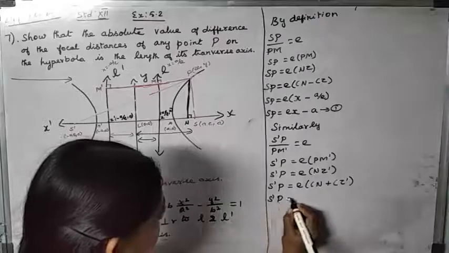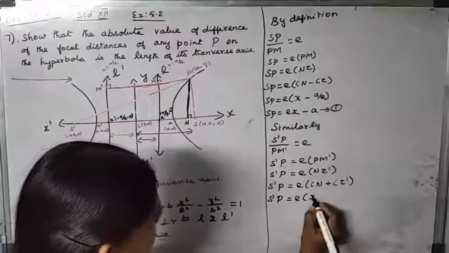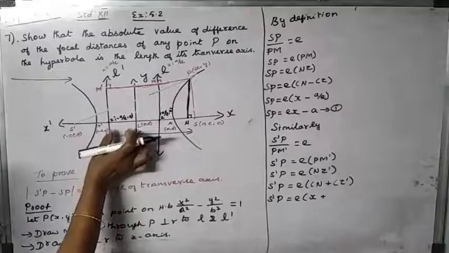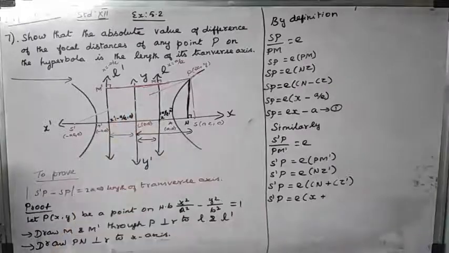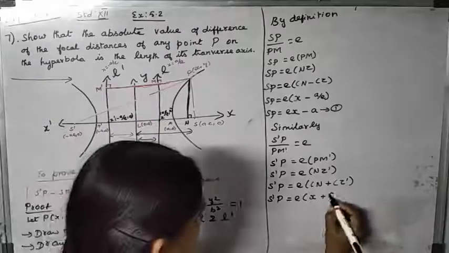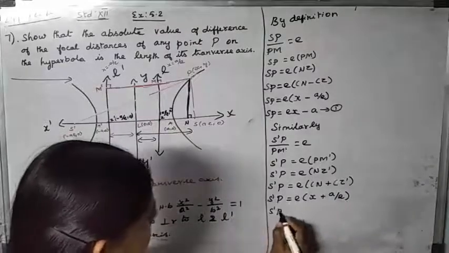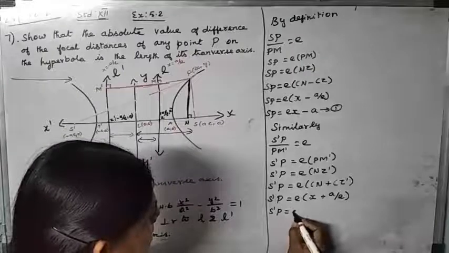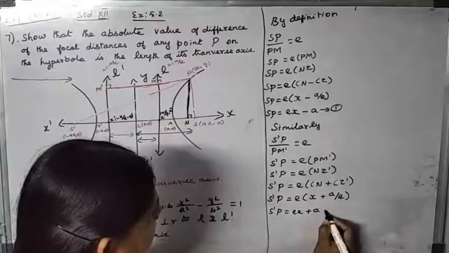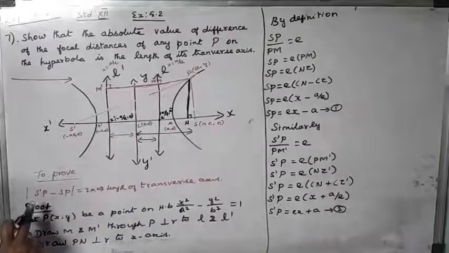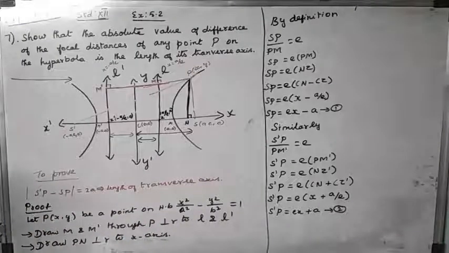S dash P is equal to e of CN, take it as x, plus CZ dash, which is A by E. Take the distance alone, so neglect the sign. So it is A by E. Bring E inside, so S dash P is equal to ex plus a. This is equation 2. Now we want to prove S dash P minus SP.